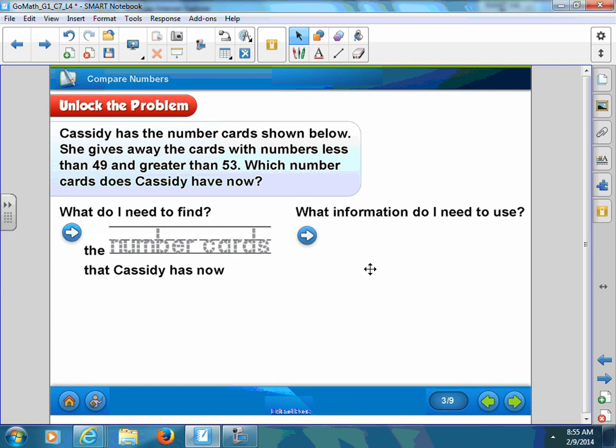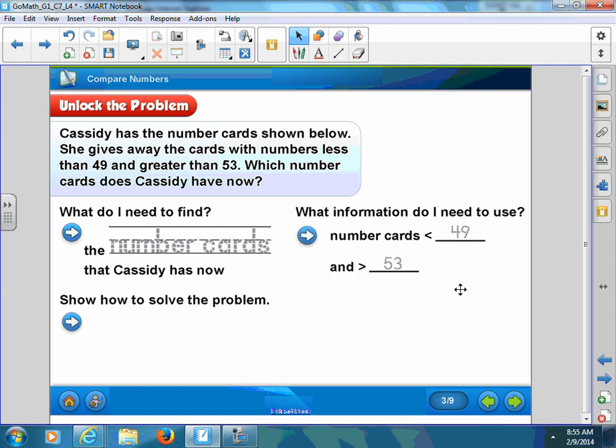What information do I need to use? I need to know the number cards that are less than 49 because she's not going to keep those, and the numbers that are greater than 53.